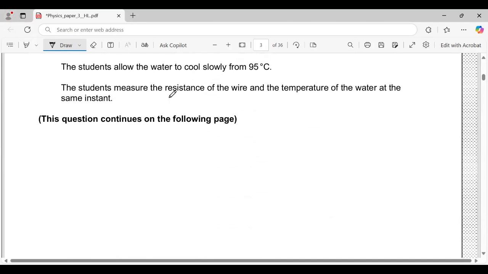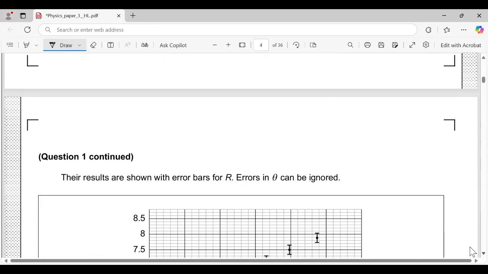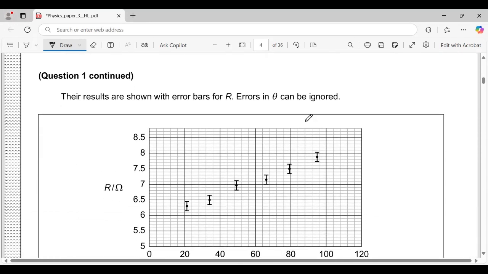The students measure the resistance of the wire and the temperature of the water at the same instant. Their results are shown with error bars. For R, errors in theta can be ignored.